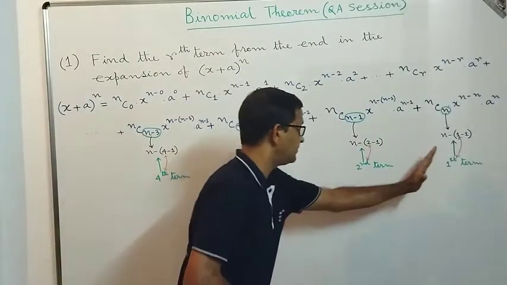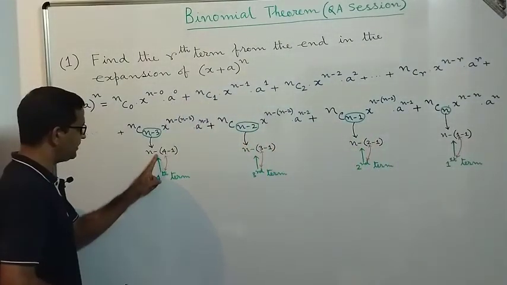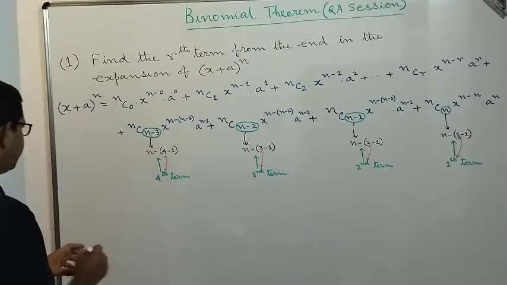The rth term from the end should be nC(n minus r minus 1). Let me write it down.